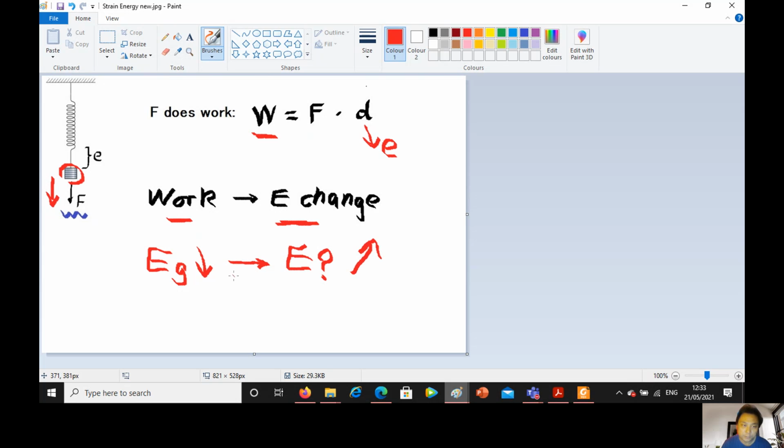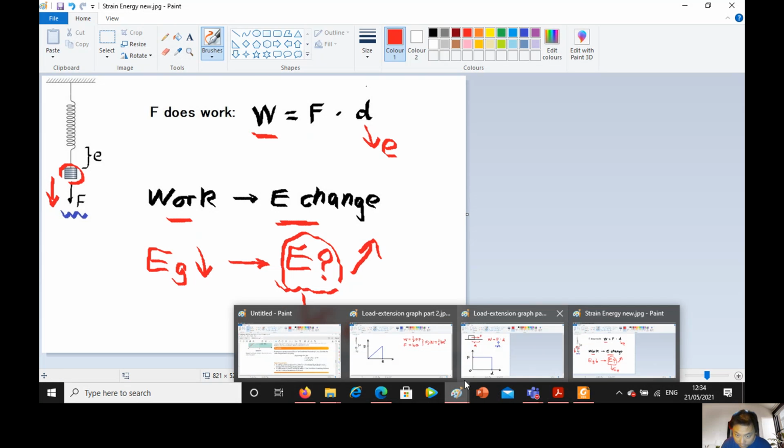There's going to be energy transferring from gravitational potential energy to another form of energy. And that form of energy in this case is called elastic potential energy, because the energy stored in that spring is called elastic potential energy or strain energy.